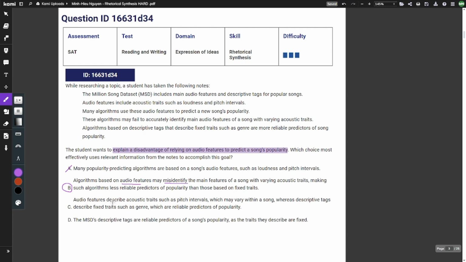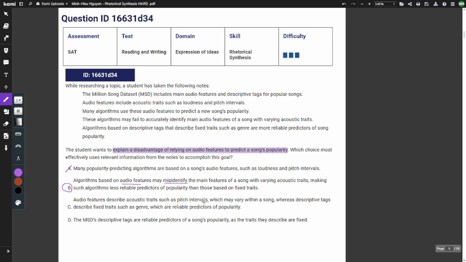C. Audio features describe acoustic traits such as pitch intervals, which may vary within a song, whereas descriptive tags describe fixed traits such as the genre, which are reliable predictors of popularity. Okay, it talks about audio features and then talks about descriptive tags, but it doesn't talk about a disadvantage.